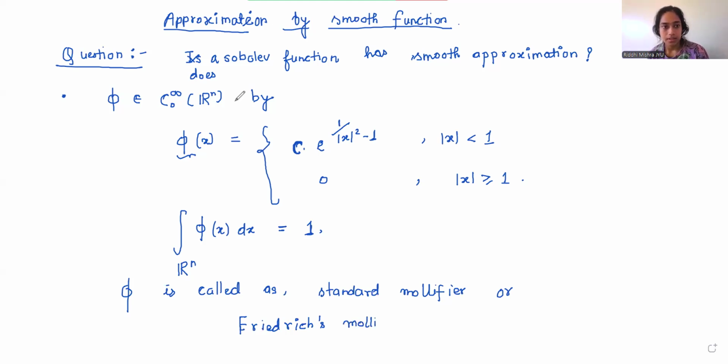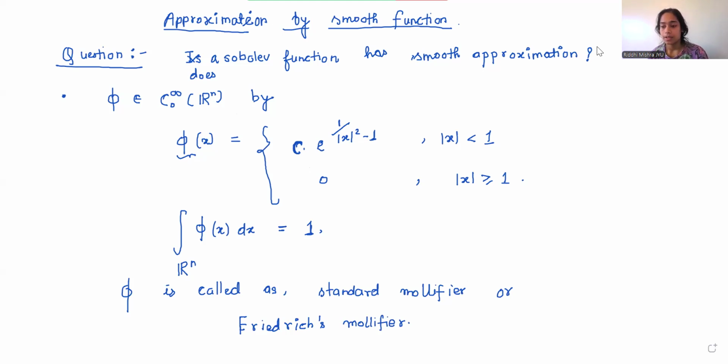You can check this is a smooth function by calculating all the derivatives, and you can also check it is not an analytic function, because every derivative at the point 0 vanishes while the function is not identically 0.